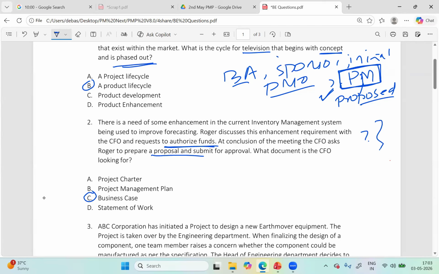Does the question demand that to be known? What is the question asking? Long story. Conclusion. So who is Roger, by the way? Is it the project manager? Whoever it is, we don't know. That's not needed. But anyway, even the PM could prepare it. All right. The proposed PM.